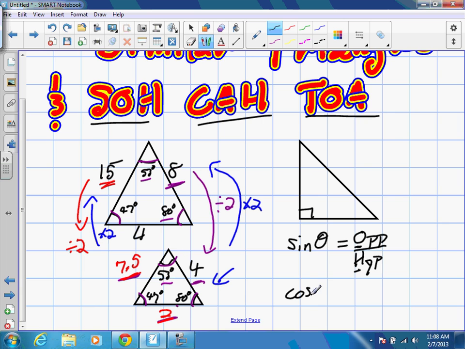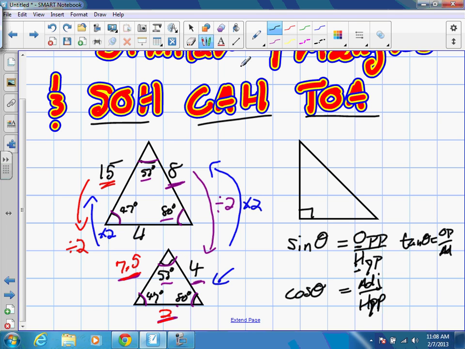Cosine theta is equal to adjacent over hypotenuse. That's where you get the CAH. And tangent theta is opposite over adjacent. That's where you get the TOA.